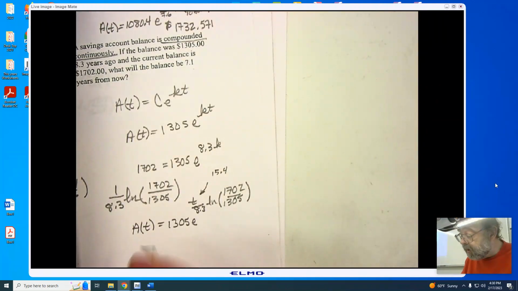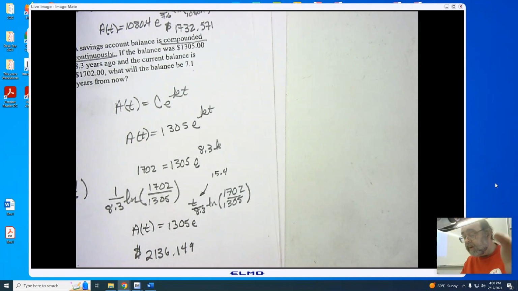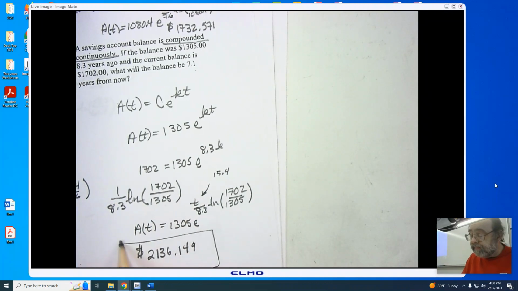The amount in the account after that period of time, 15.4 years, is $2,136.149. And I'll let you round it. And that is our answer for number 4.